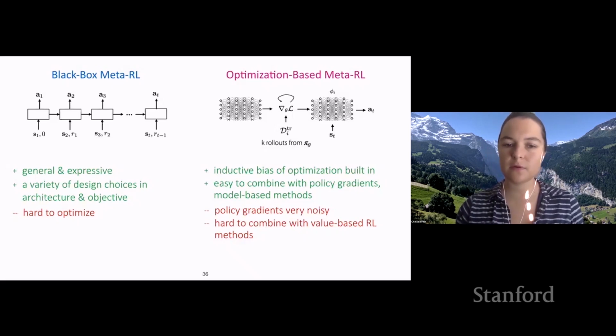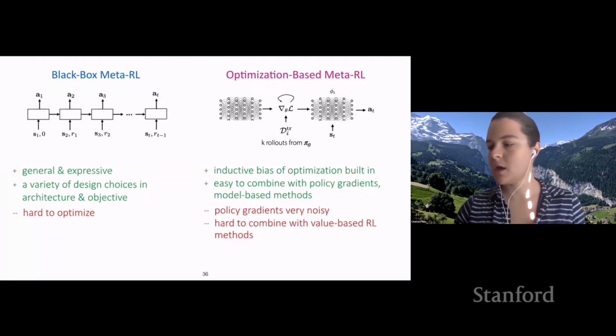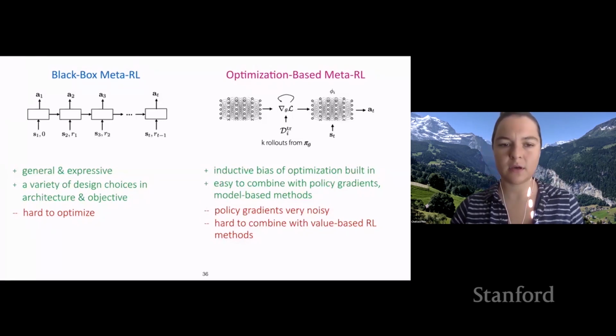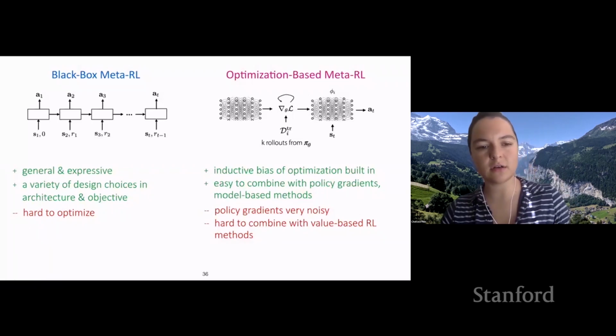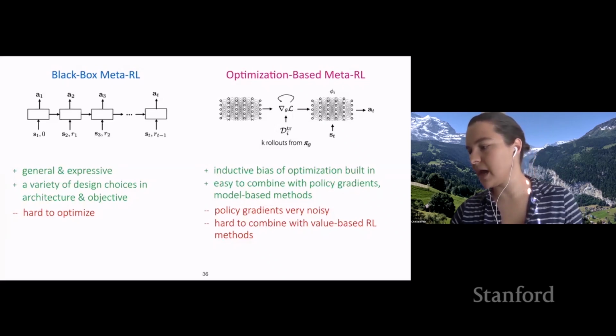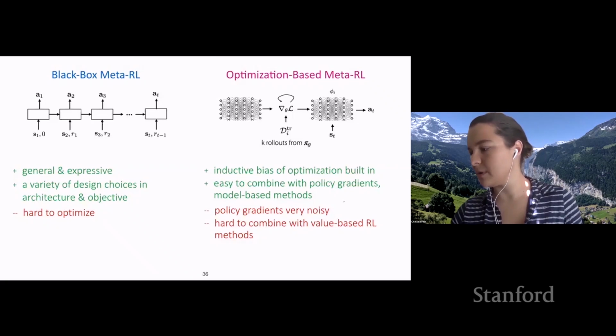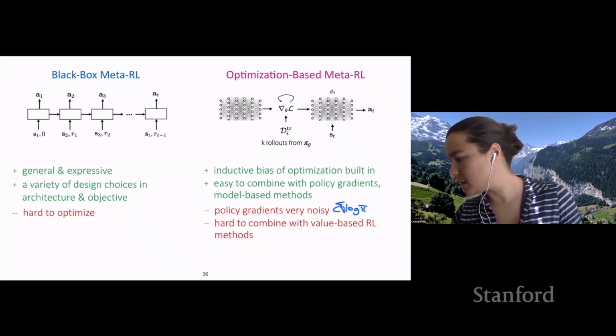If you have a very long horizon, like a very long episode, and a value-based RL method, you need to take many gradient steps. But if you have a policy gradient method, you don't necessarily need to take a large number of gradient steps, because the policy gradient captures information about the entire trajectory. Like we mentioned, it looks something like grad log pi times the sum of rewards.